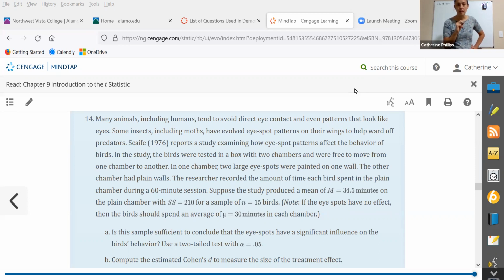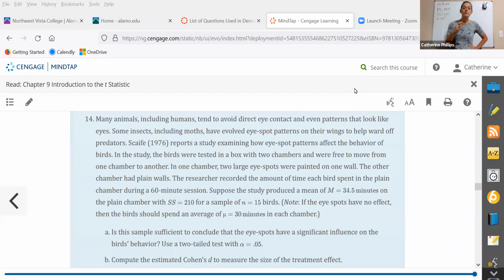Suppose the study produced a mean, M, of M equals 34.5 minutes in the plain chamber, with a sum of squares of 210 for a sample of N equals 15 birds.